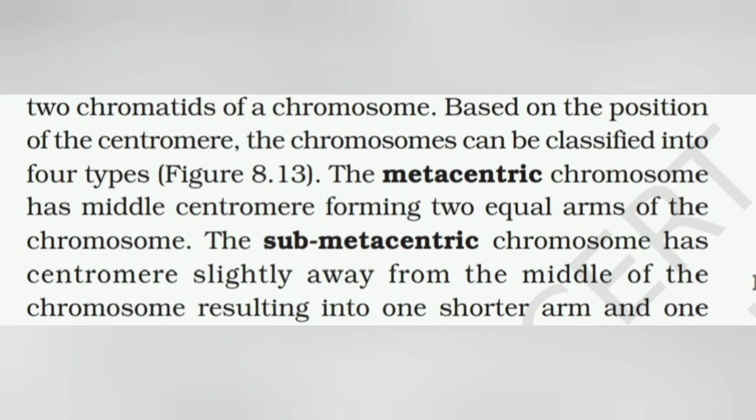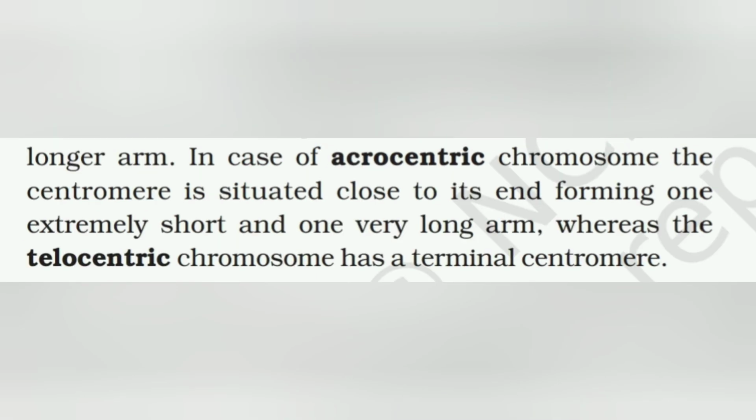In case of acrocentric chromosome, the centromere is situated close to its end, forming one extremely short and one very long arm, whereas telocentric chromosome has the terminal centromere. So, there is absence of two arms, only two long arms are there.